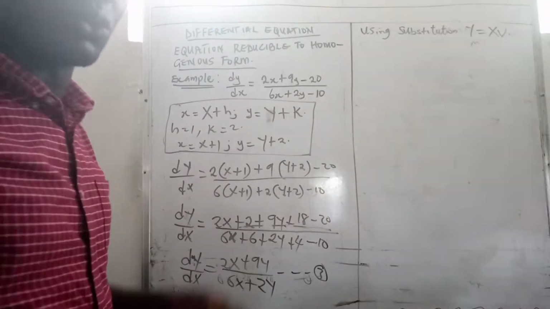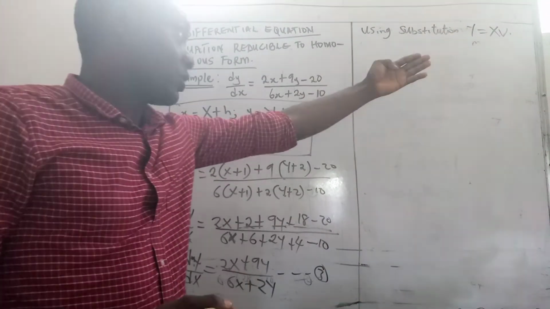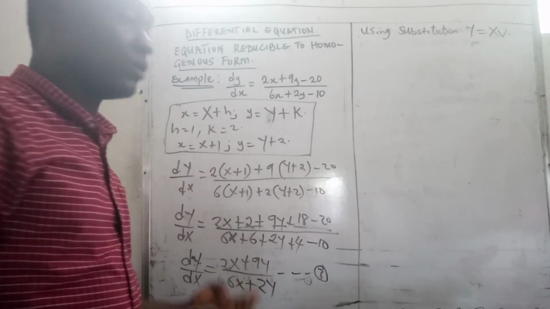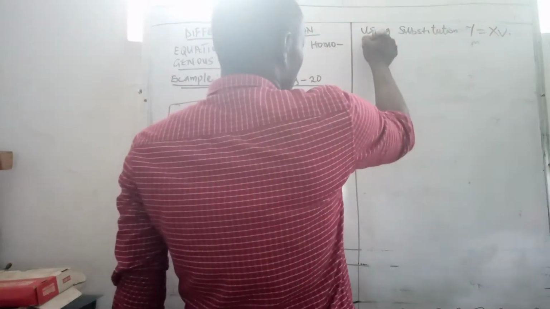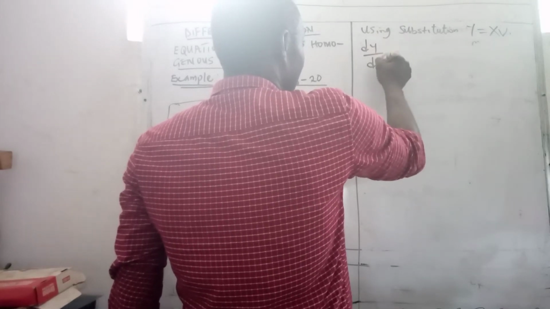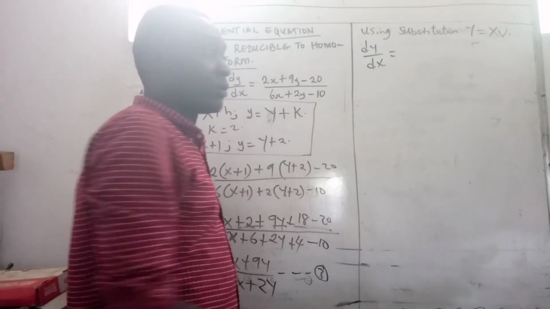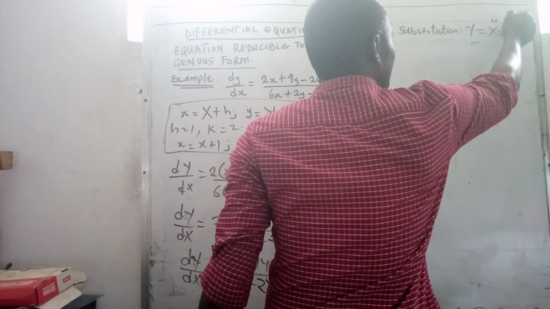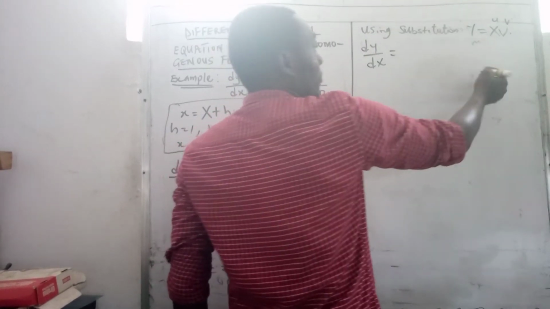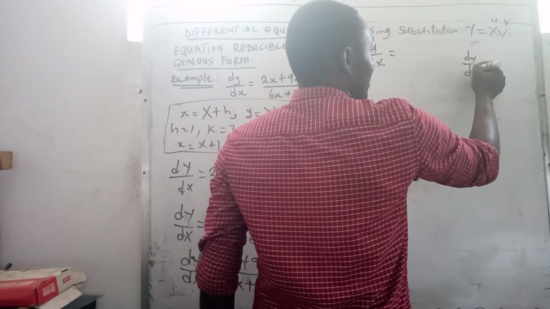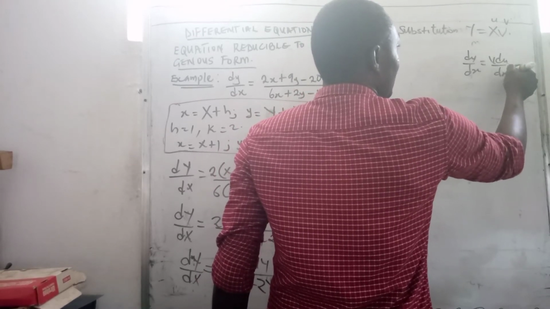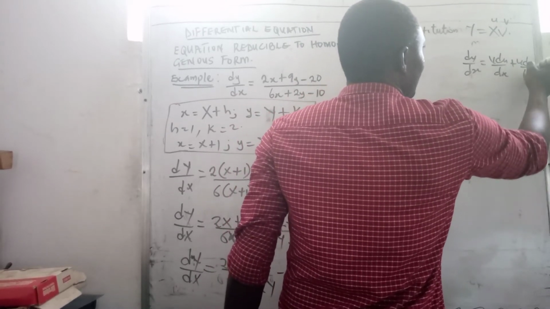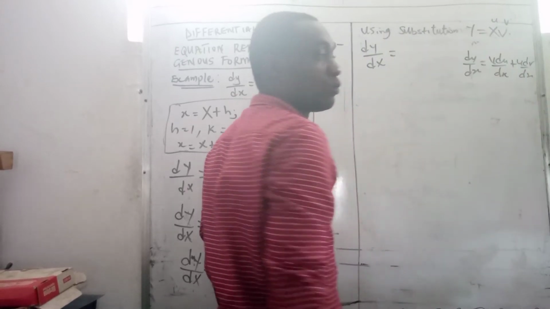So we can use the substitution now for this. So the dy/dx is going to be product rule. So this is u, this is v. Recall that dy/dx equals v du/dx plus u dv/dx. So I'm going to use this product rule for this.